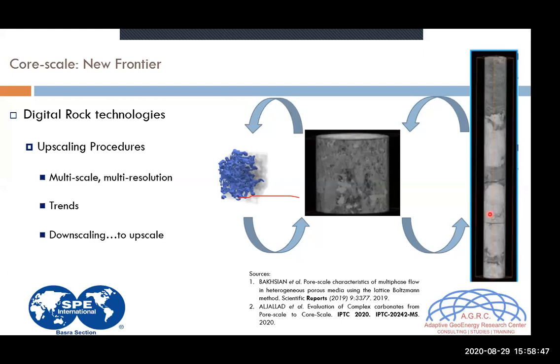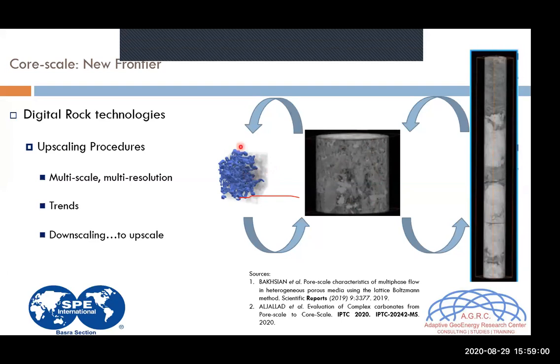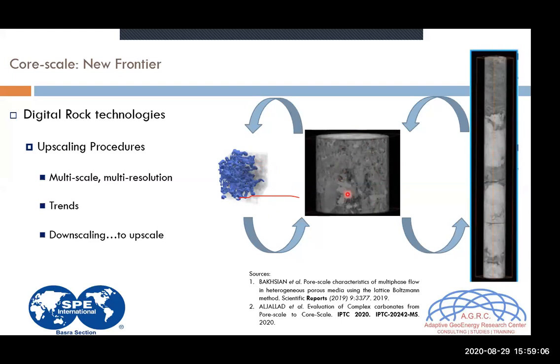Then you can select some regions to perform the high resolution acquisition, and correlate this with an even higher resolution in a micro sample to understand what is going on there, and then correlate this information and come back again to the larger volume.